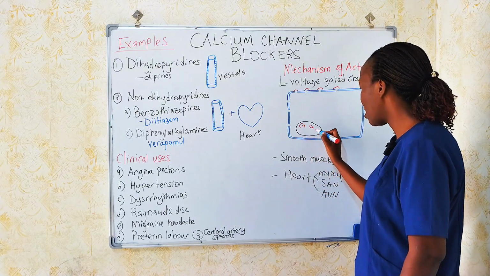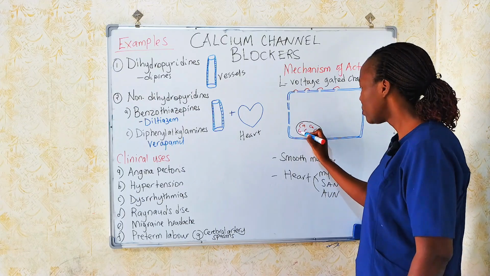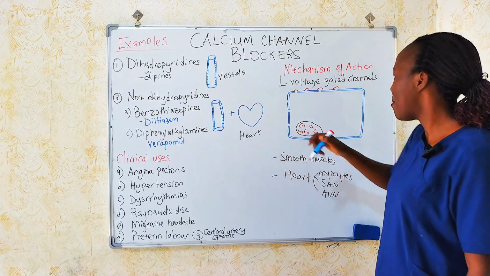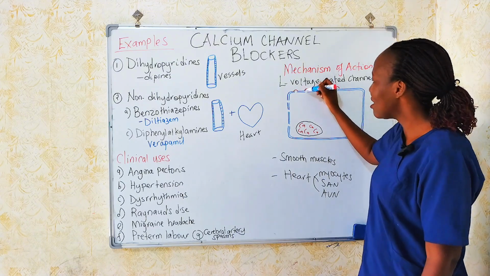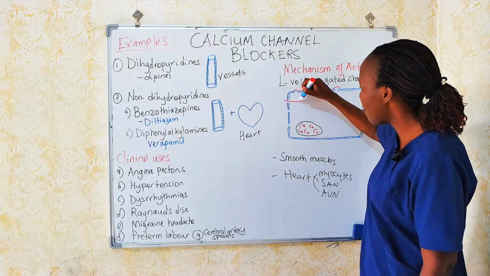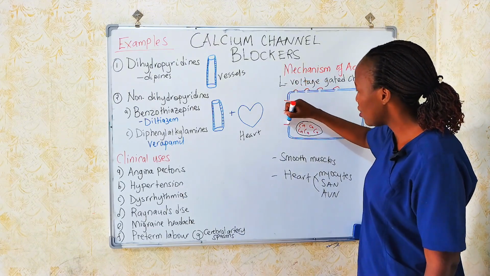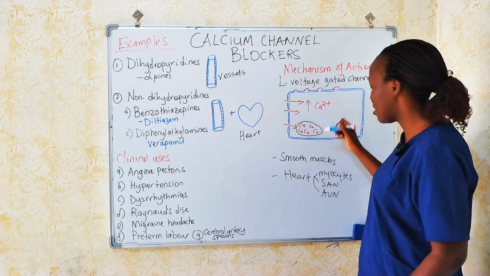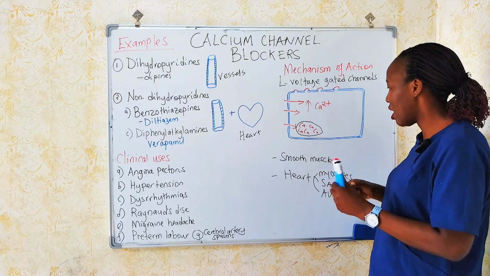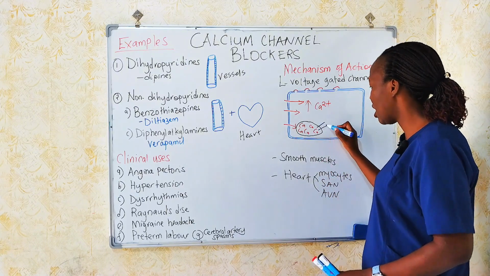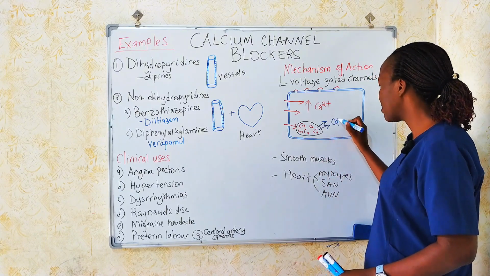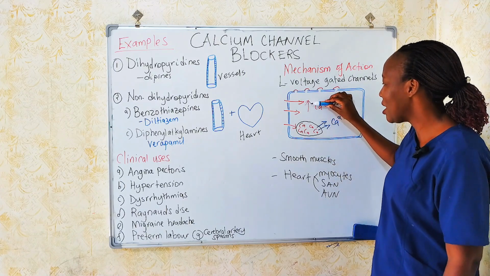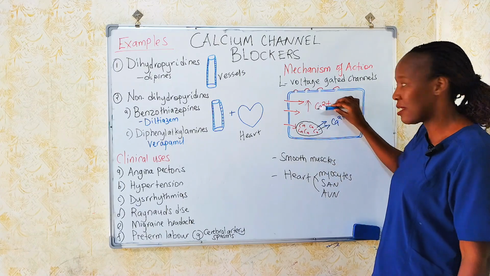In myocardial muscle, usually when calcium enters the cell, the increased intracellular calcium is going to trigger the sarcoplasmic reticulum to also release calcium. We call that a calcium-induced calcium release.